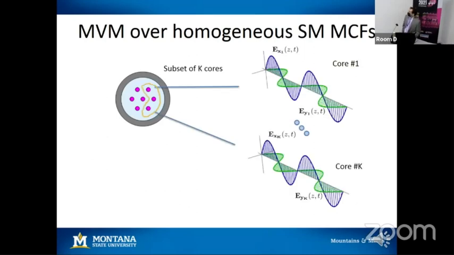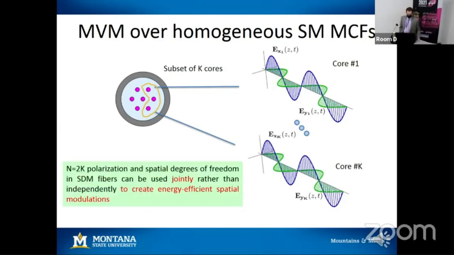You can select a subset K of cores and launch multiple electromagnetic waves in the X and the Y polarization. Here you see only the electric wave in its degree of freedom. And although I made here all the waves to have the same amplitude and the same initial phase, you can play with that. These are design parameters. And like that, you can create spatial modulations that will turn out are very energy efficient, but you are going to pay in spectral efficiency and complexity.